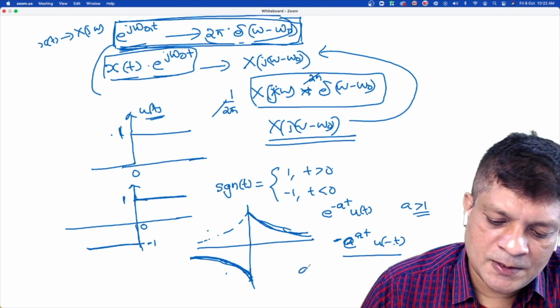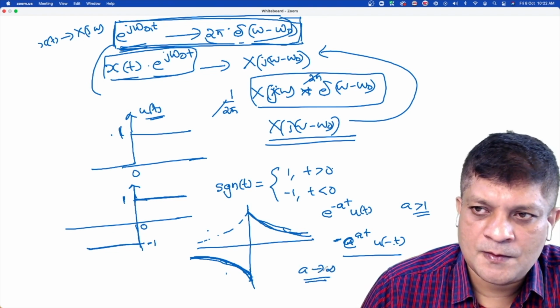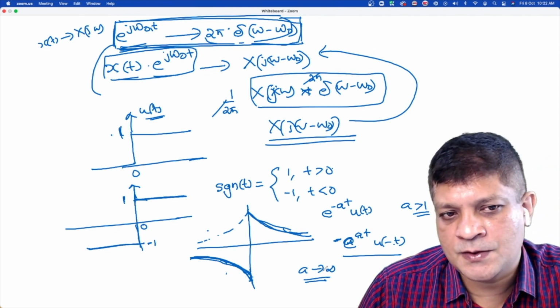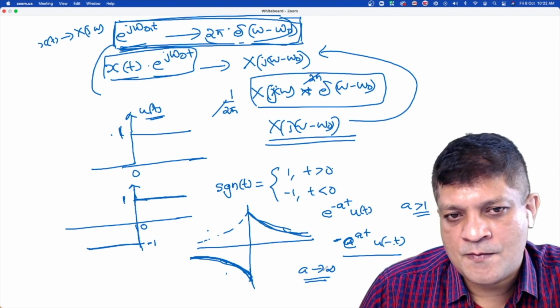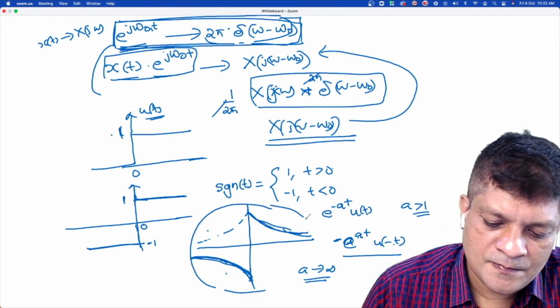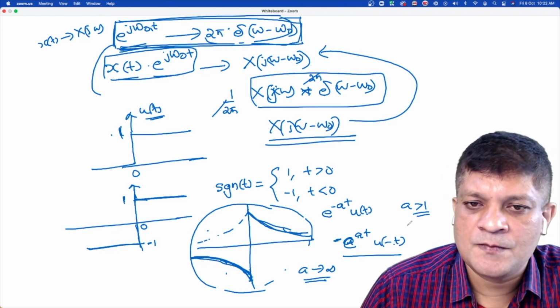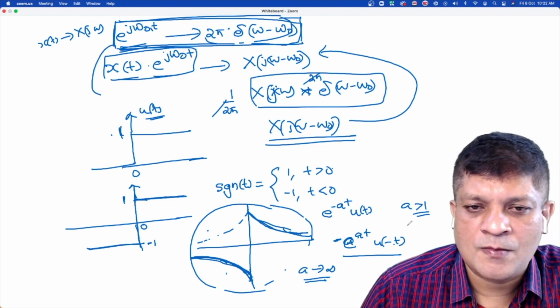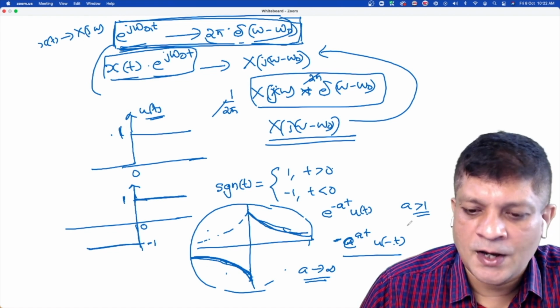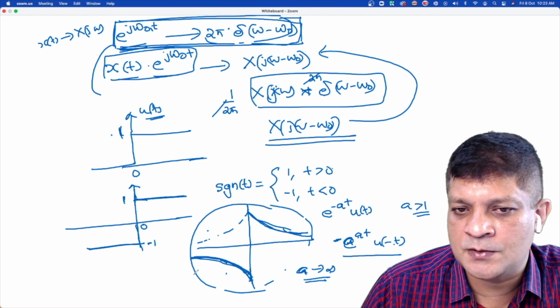Now what will happen as a tends to infinity? Is this a Fourier transformable signal? For a greater than 1, it is a Fourier transformable signal. And in the limiting case, what will be the shape of this?